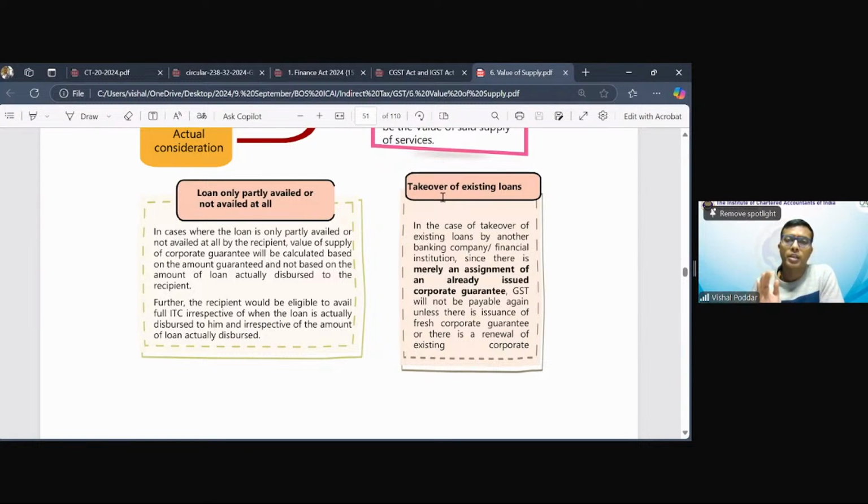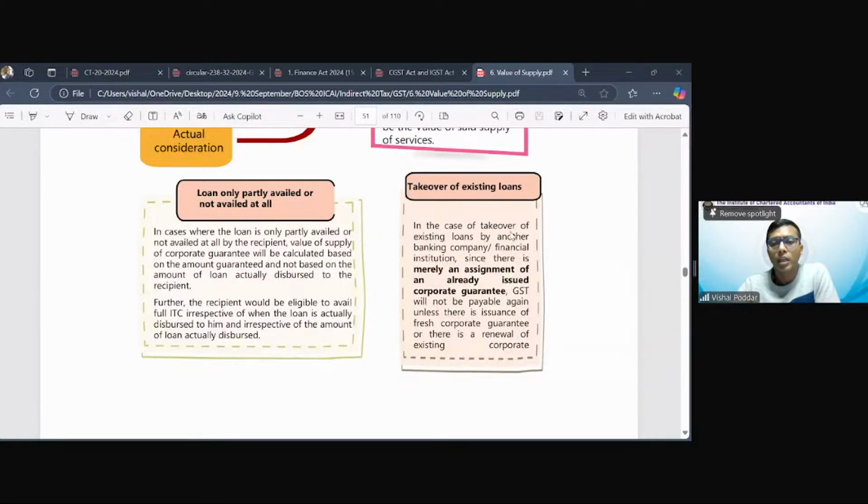Now the question is, if this has happened in between the year, I have to take 1% as my value. 1% is applicable for the whole year. But within this whole year, the bank has changed. Originally, at the start of the year, it was ICICI, so you calculated 1% for the whole year for the ICICI loan. Now, in between, you change the loan to SBI. That is, there was switching of the loan. Whether you have to calculate this 1% again, that is the question.